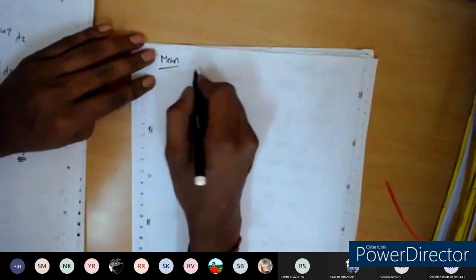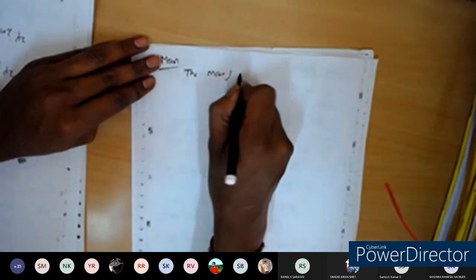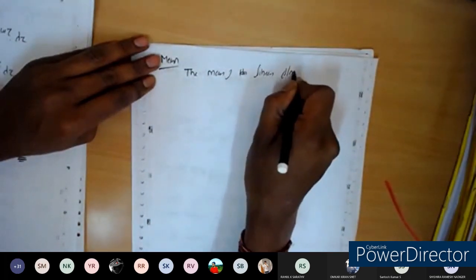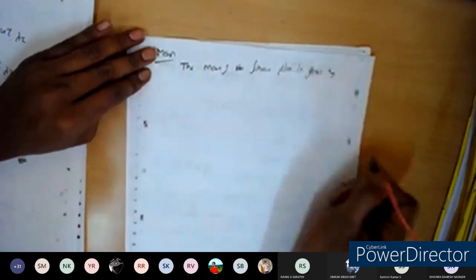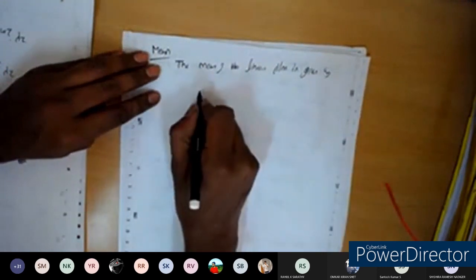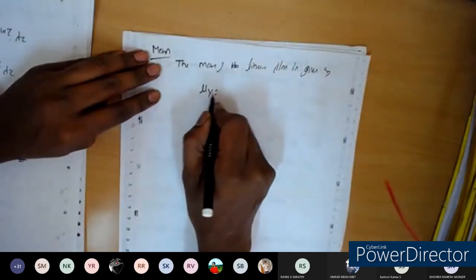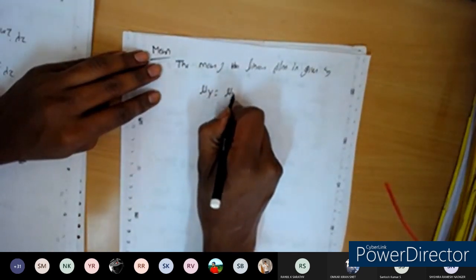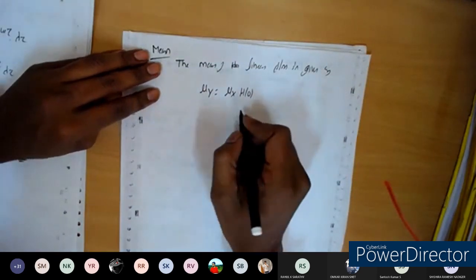The mean of the linear system is given by the formula like this. The mean of y of t or y of s will be nu y, and the mean of x will be nu x here, at s equal to 0, or the frequency at s equal to 0.